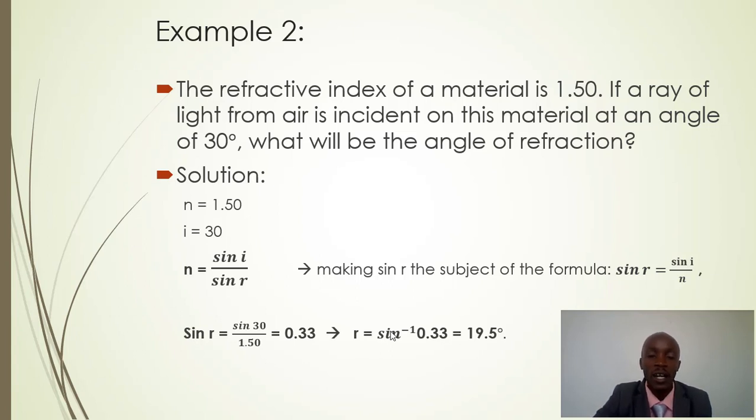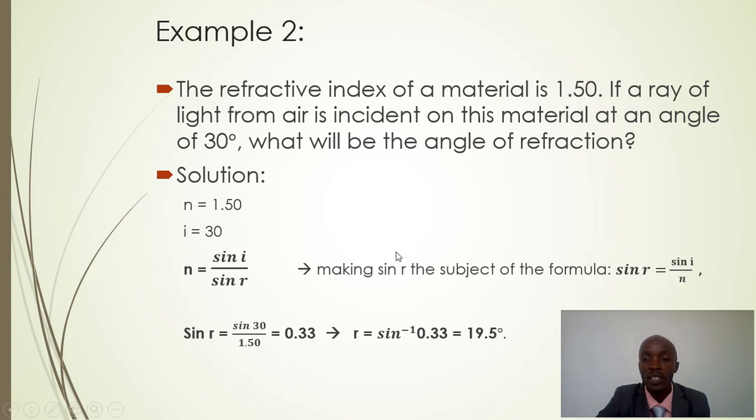Again, basically, we note down the given quantities. We have the refractive index n equal to 1.50, and we have the angle of incidence i equal to 30 degrees. Now, from our formula, n, the refractive index, is equal to sin i over sin r. Then we make r the subject of the formula.